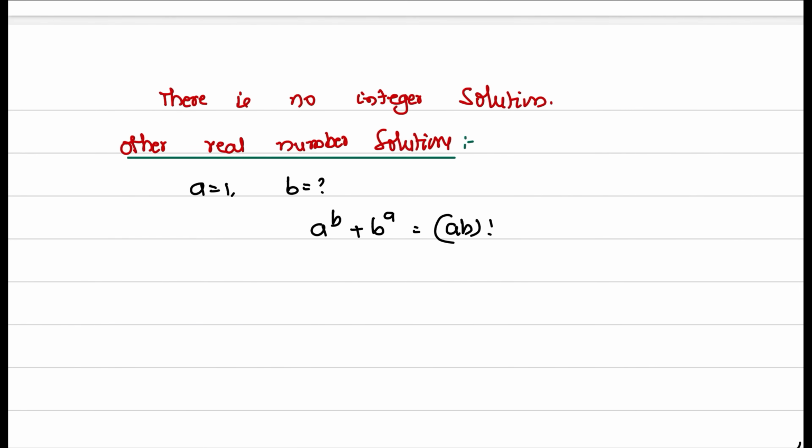When a is equal to 1, that will be 1 to the power of b plus b to the power of 1 is equal to 1 into b factorial. That implies 1 plus b is equal to b factorial.